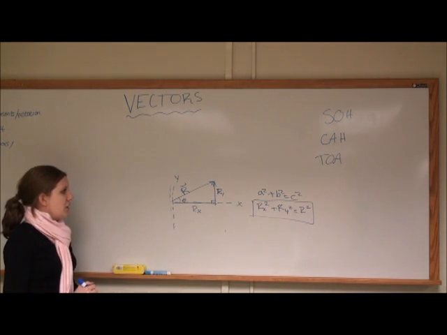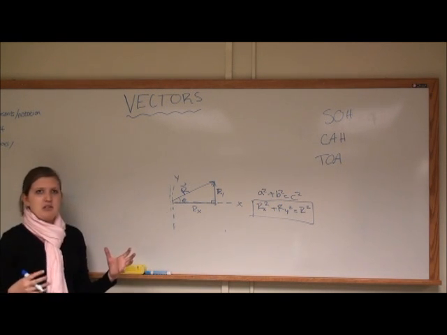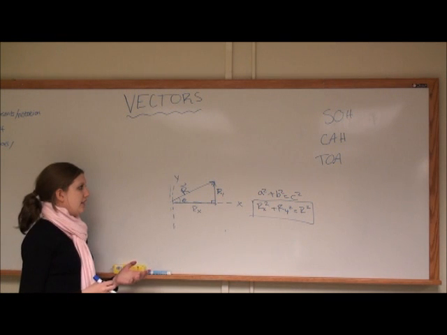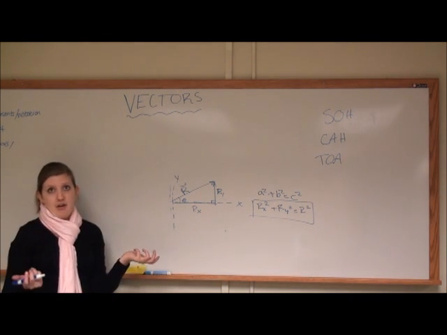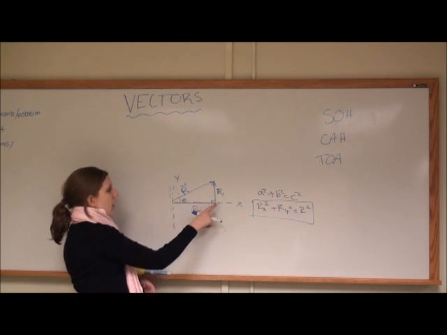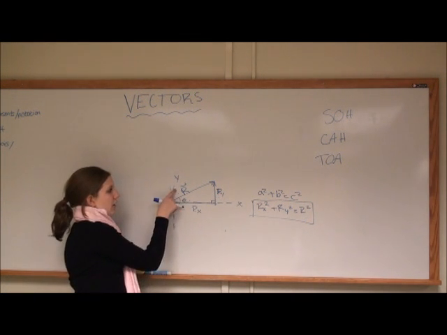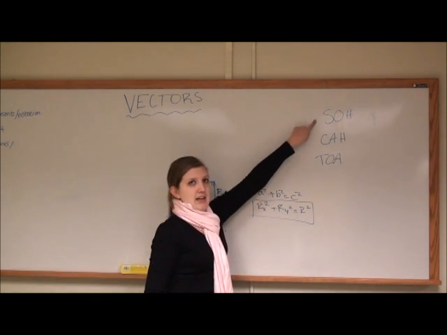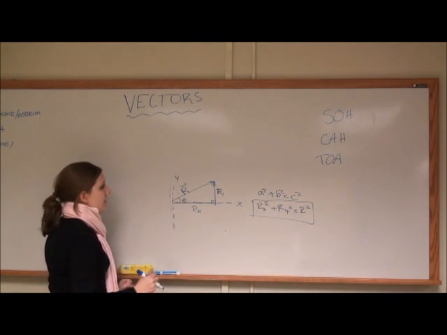So the next thing is to relate some angles. Let's say we want to find the angle theta and we know Ry and R. Ry looks like it's opposite theta, and R is the hypotenuse. So if we want opposite and hypotenuse, we're going to use sine. It's the way it rolls.